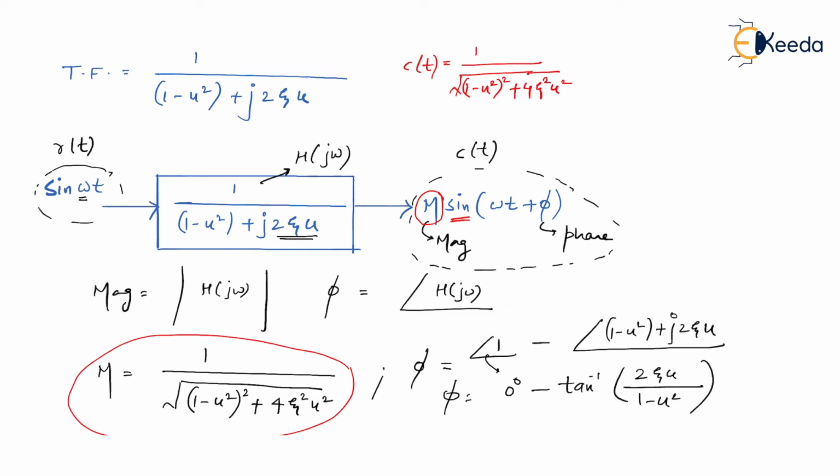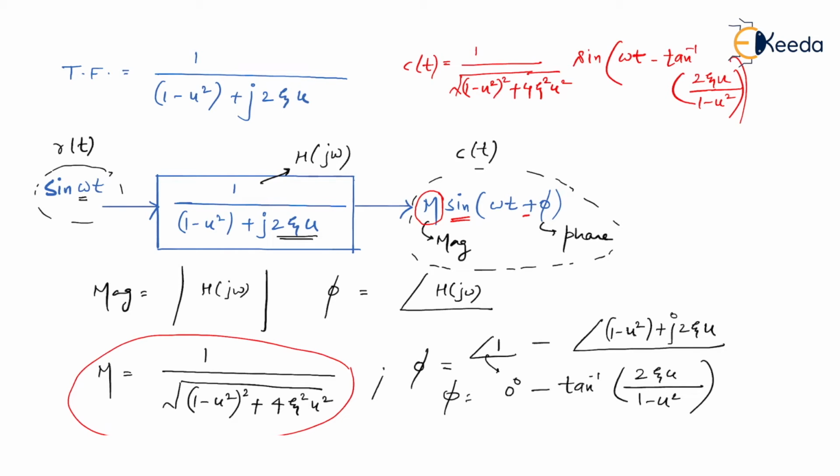Then it is sine of omega t plus phi, and the phi is minus tan inverse of 2 zeta u whole divided by 1 minus u square. I hope you are getting this point. I'm sure you have understood this. So this is nothing but the final output c of t.